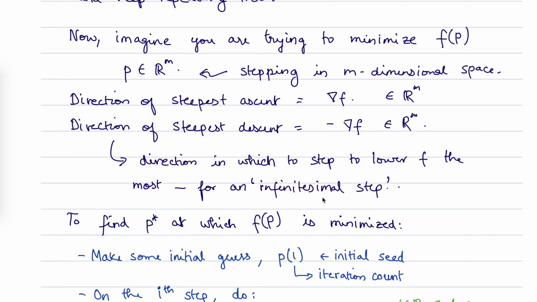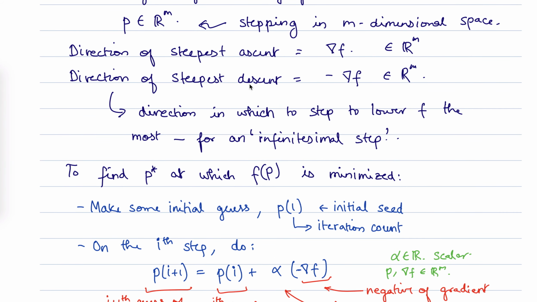Okay, this is true for an infinitesimal step. So that's the direction of steepest descent, and that's what we want to follow in the steepest gradient descent method. Sometimes it's called the method of steepest descent as well.